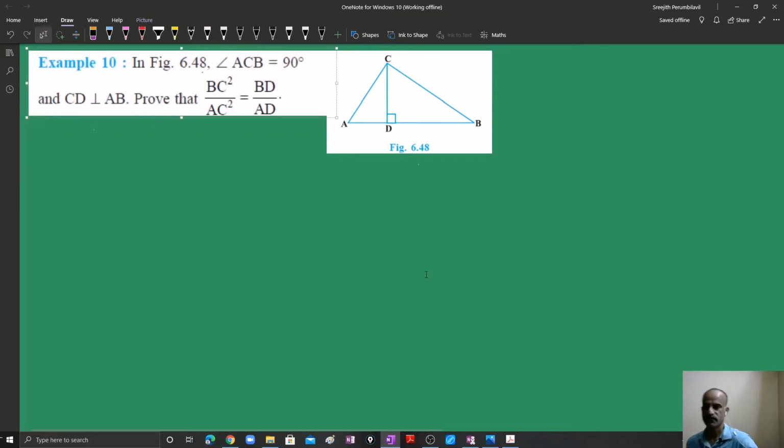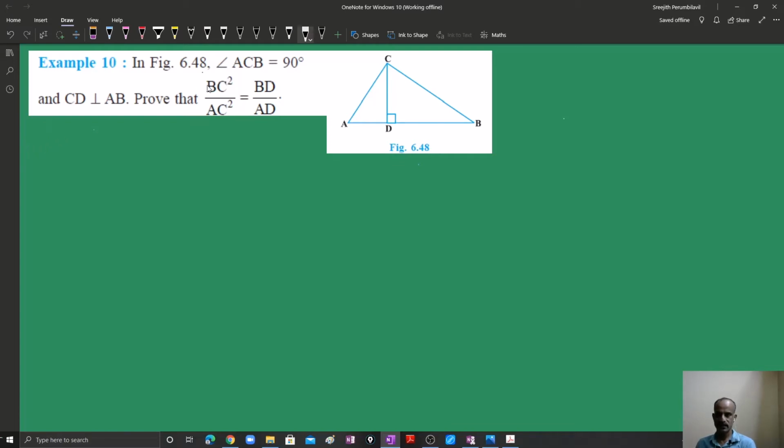In figure 6.48, angle ACB is 90 degrees. Prove that BC square by AC square is equal to... So again, we will take the same stand. When you look, there are different triangles, a smaller triangle, a larger triangle, and others.